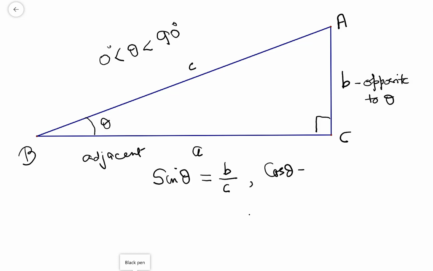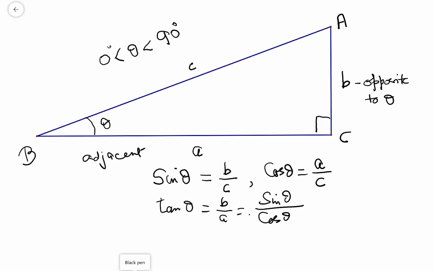Cosine of theta as A over C, and tangent of theta as B over A, or opposite over adjacent, which is the same as sine theta over cosine theta.